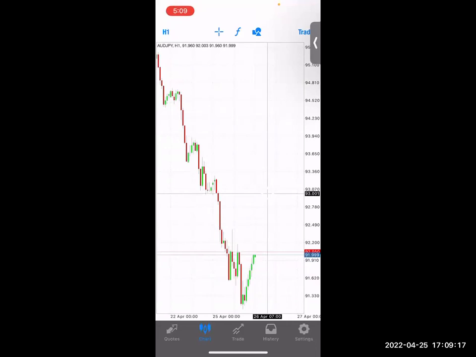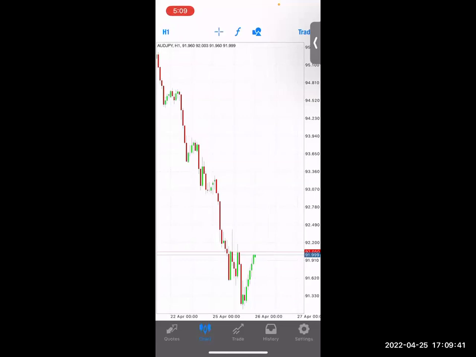We make money off of smaller decimal points. So 50 moves in the market. So if you put $1 in, you make 50. If you put 10 cents in, you make $5. If you put 1,000 in, you made 50,000. All right. So 1,000 times 50 moves in the market is $50,000.